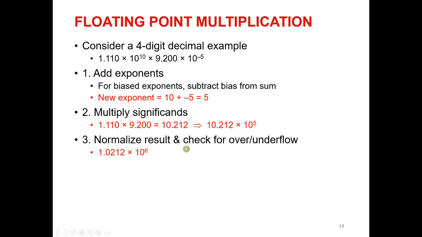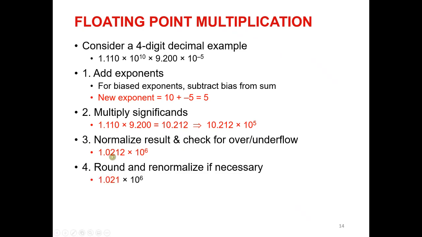With this, we have the number normalized. The problem now is that we only have 4 digits for representing it, and here we have 1, 2, 3, 4, 5. So we need to round the last one. As it's less than 5, we can just remove it, and we will have the number rounded and normalized.